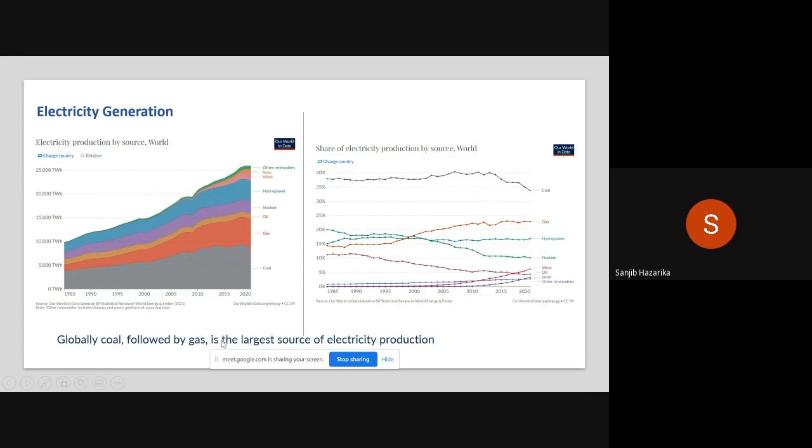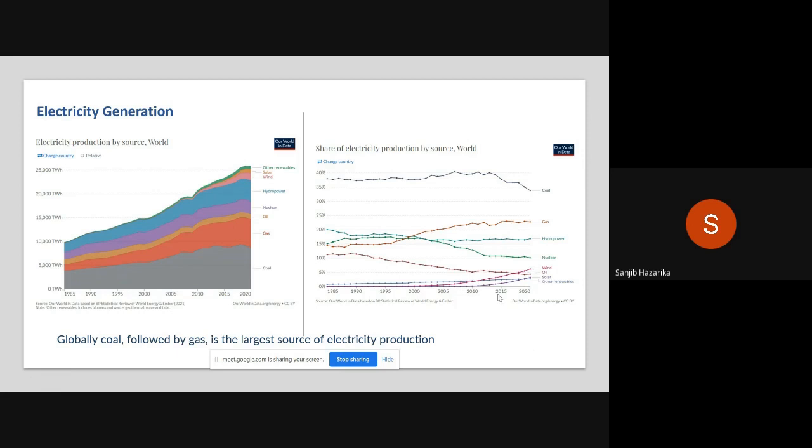So of course, coal is still dominating overall global electricity production, and one of the reasons is China, where a large part of the electricity production is done by coal-based power plants. India, Australia, South Africa, they very much rely on coal.